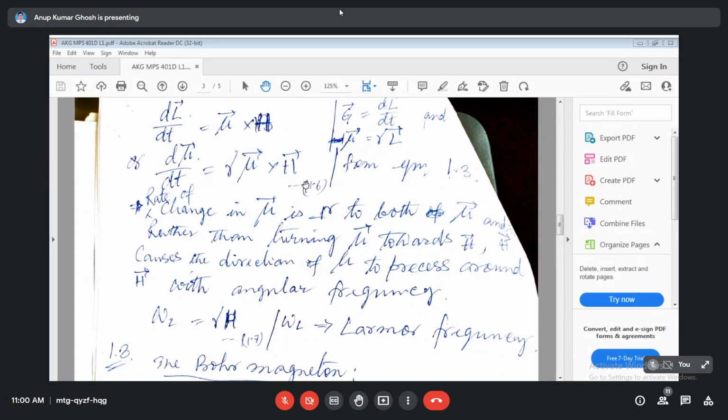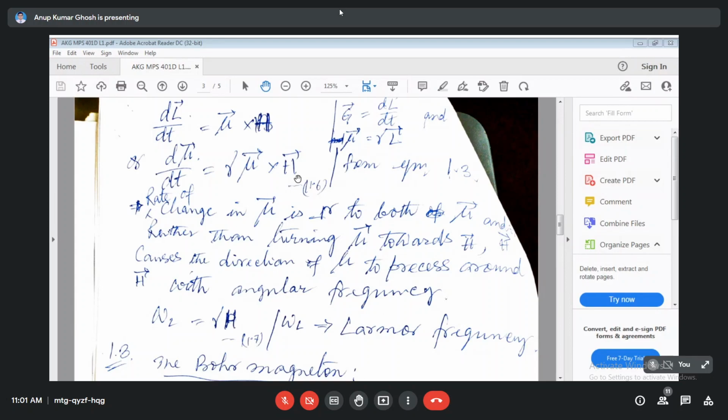So it makes a cone, and the direction of that motion will be perpendicular to the plane containing the x and z directions. That means the direction of the precession will be the y axis. So the rate of change of mu is perpendicular to both mu and H, rather than turning mu towards H.